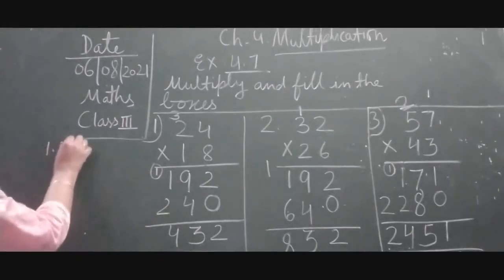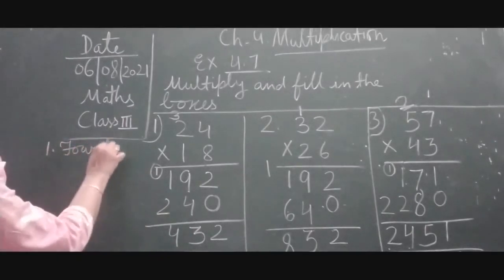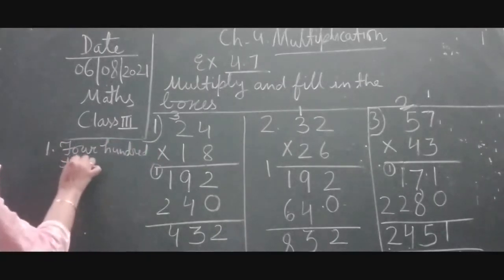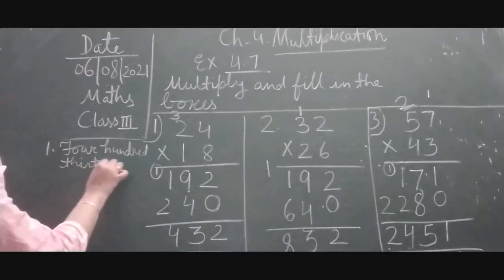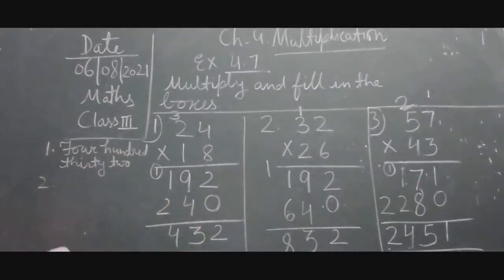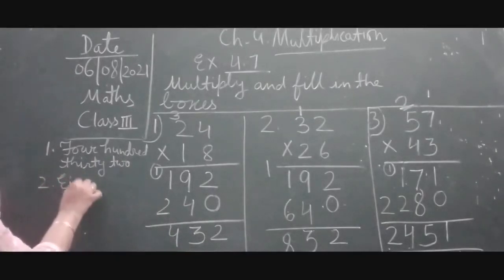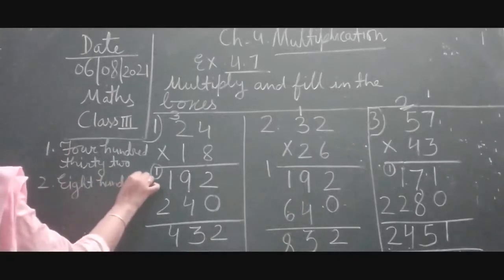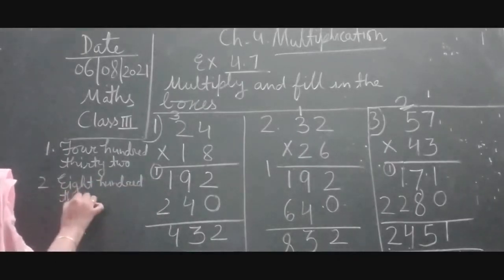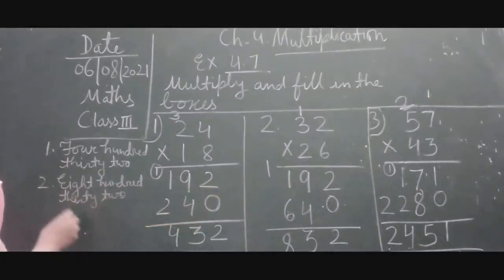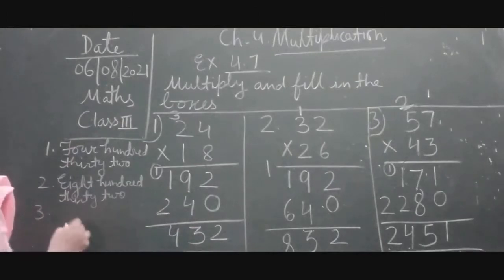I am going to write the first one over here, 432. Now the second one, 832. And the third one is 2451.